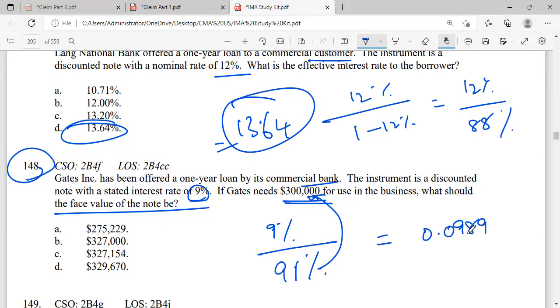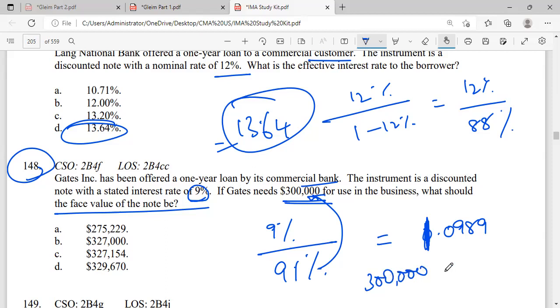That's what, right? 9 divided by 91 is equal to 0.0989. Now this 0.0989 is basically an amount which I can get for a discounted value, but I want to get the future value of it. So let me multiply it with 1.0989.